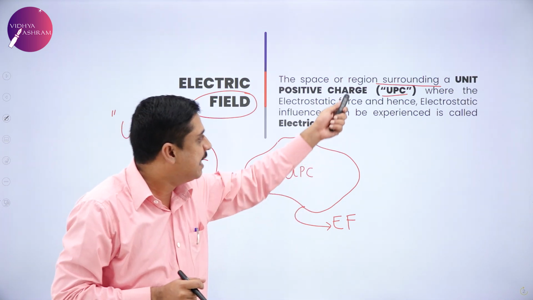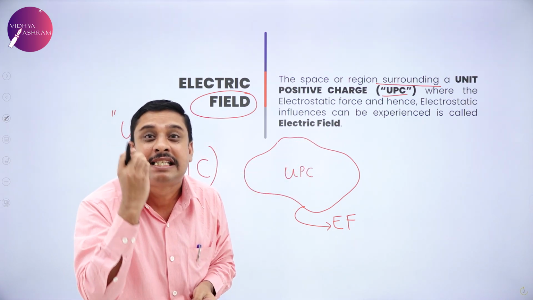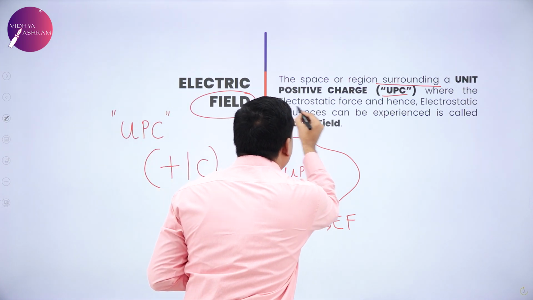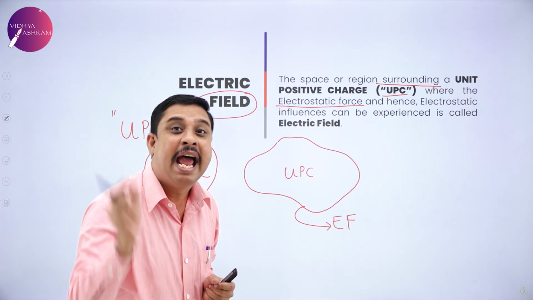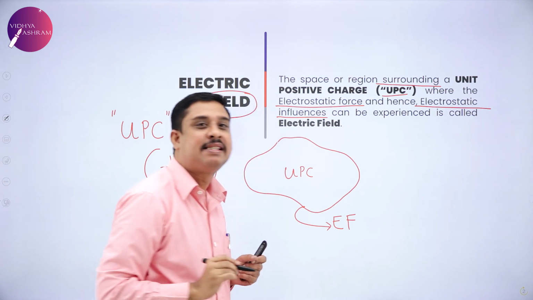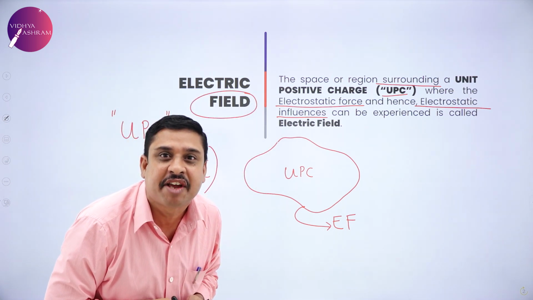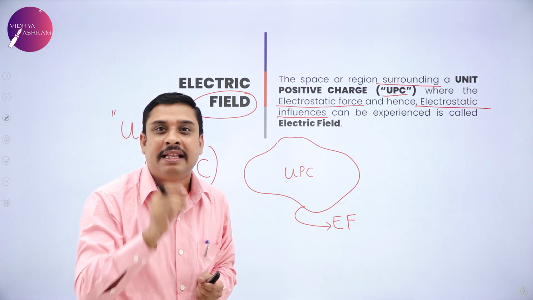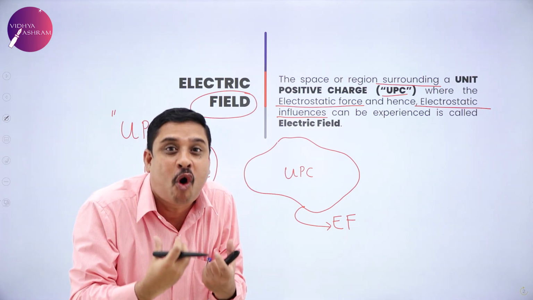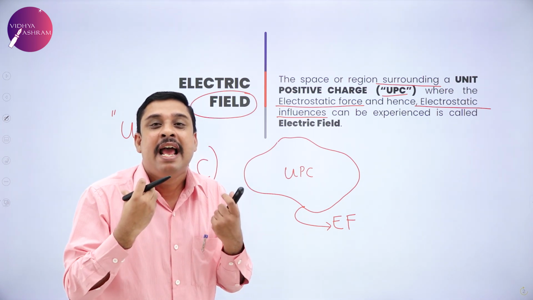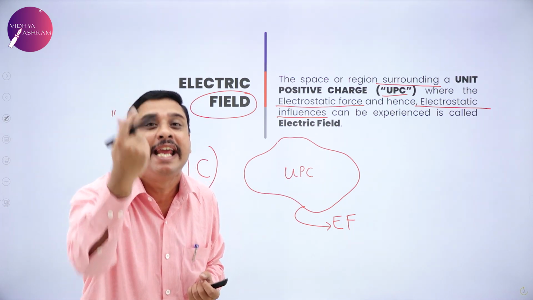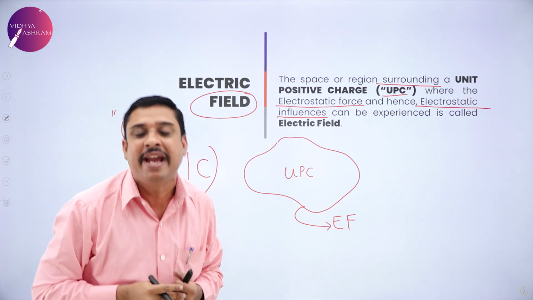No. Here it says the charge should experience electrostatic force and electrostatic influences within that electric field. The charge should feel electrostatic forces and electrostatic influences within the region called electric field.